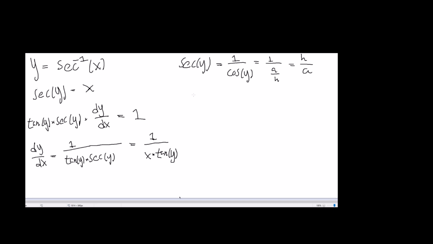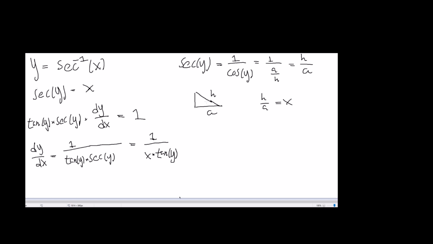Now let's draw a shape, and let's call this the hypotenuse and this the adjacent side. And we know that h divided by a was equal to x.